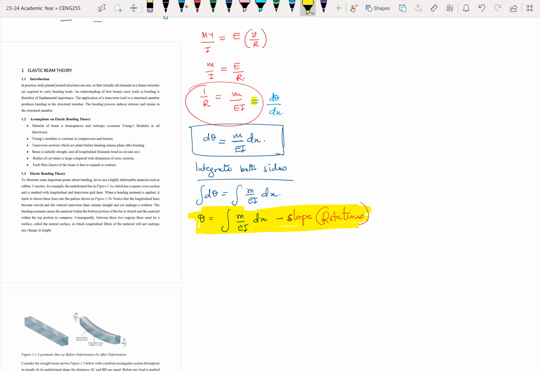The proof of how we come about this equation is fairly straightforward. The only challenge is that you have not done strains and stresses or strength of materials, so things seem a bit new to you, but it's not that difficult to understand.